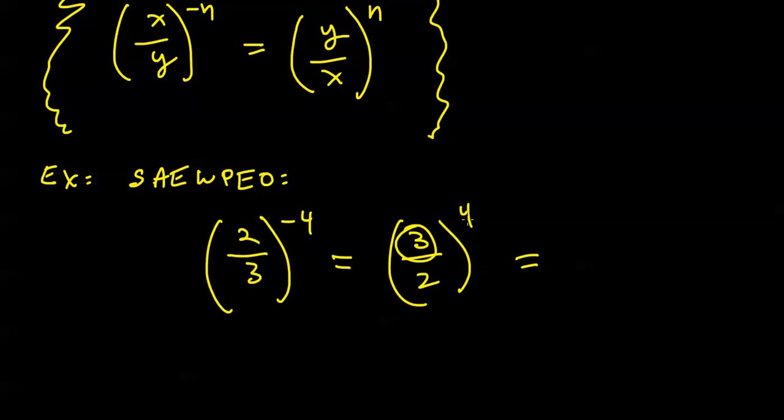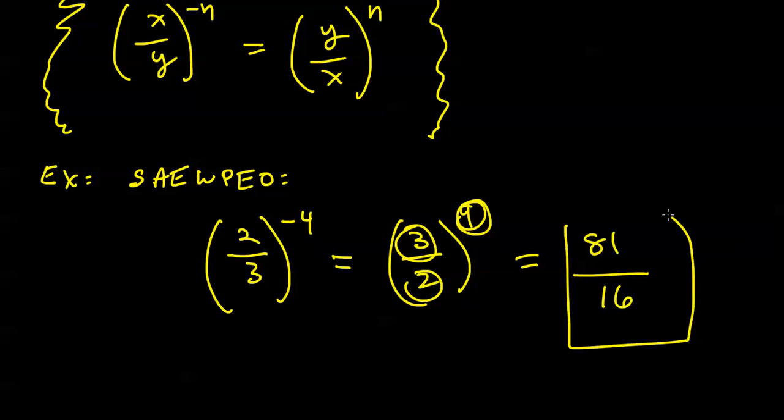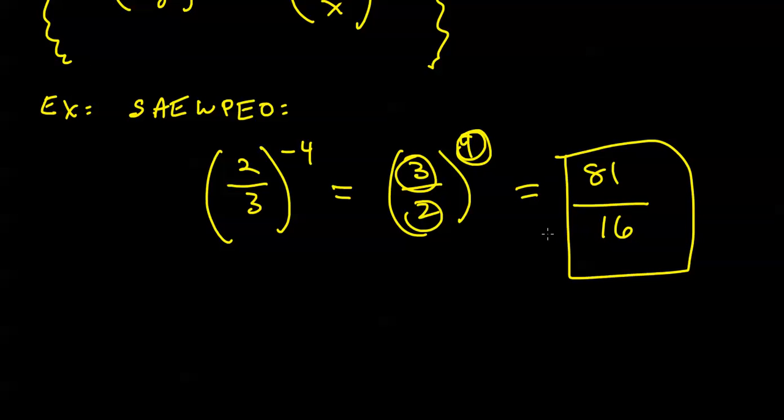And I know that 3 to the 4th power is 81 in my numerator, and 2 to the 4th power is, of course, 16 in the denominator. So that would be my final return. Really a one-step or maybe two-step problem if you invoke this rule.